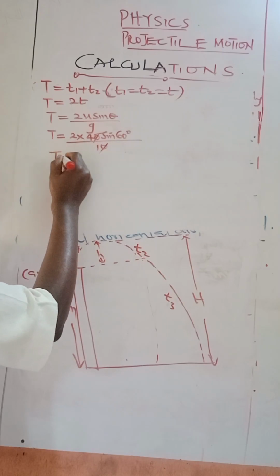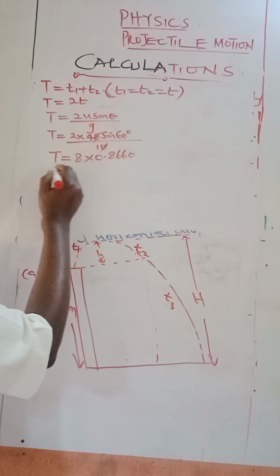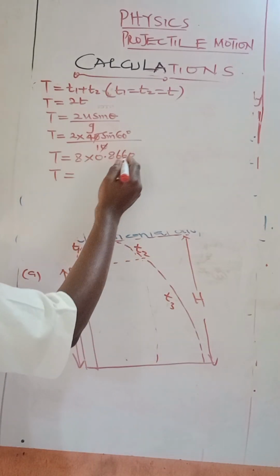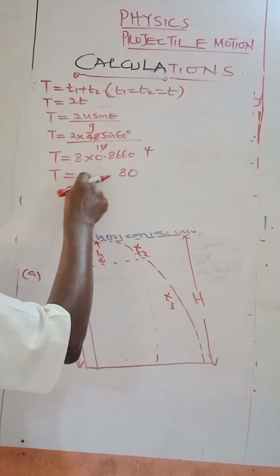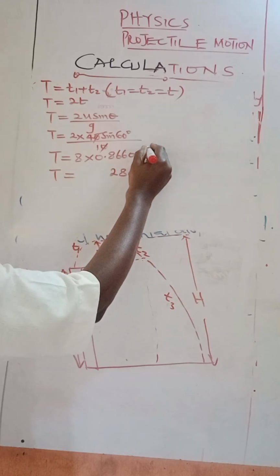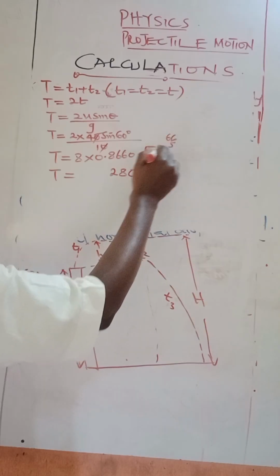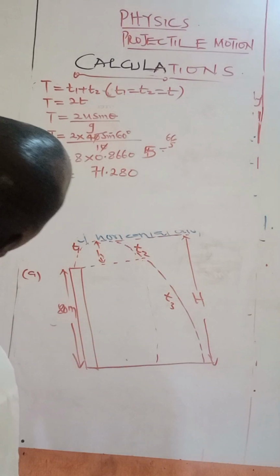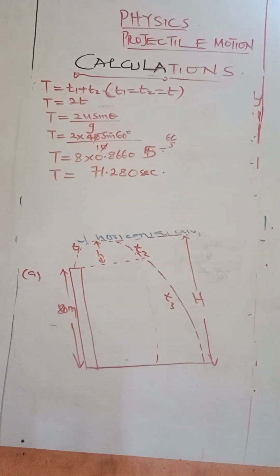Cancel, cancel. T is equals to 8 times 0.8660, which gives 6.928... that is seconds.